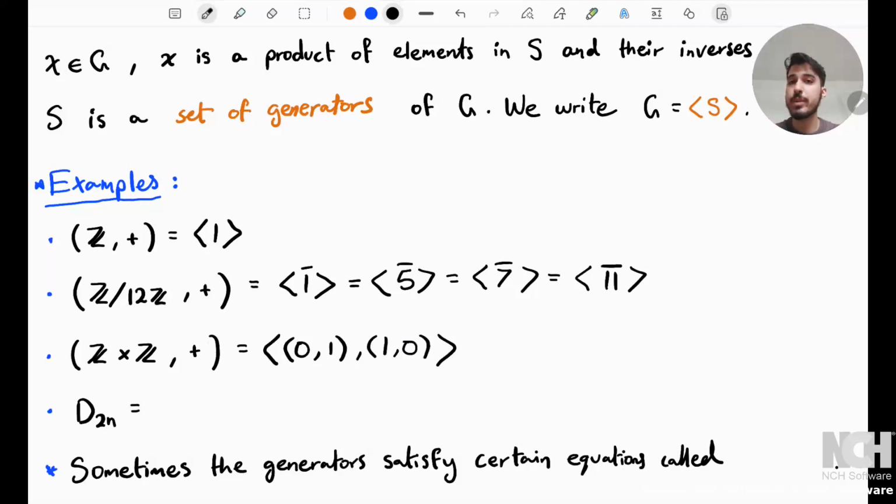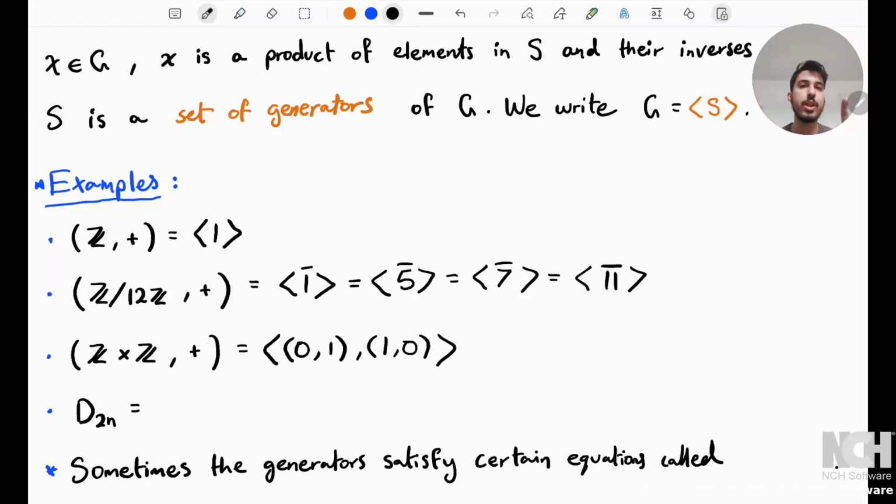I am saying the word vectors, but these are just elements in the group Z cross Z. So these are 2 elements that generate all the elements in Z cross Z. You can add another set of generators, 2 vectors that form a basis for the vector space Z cross Z. And this basis will also form a set of generators as a group.